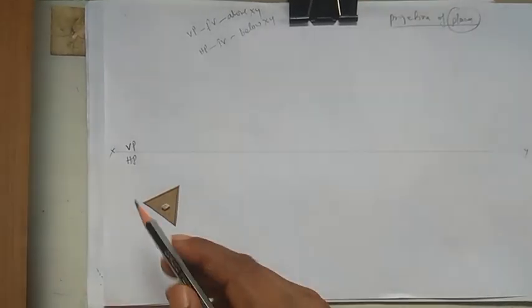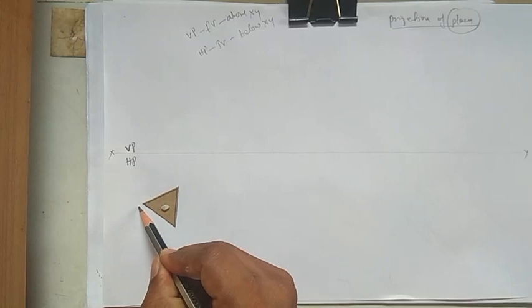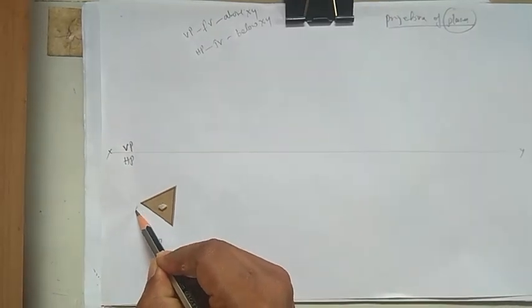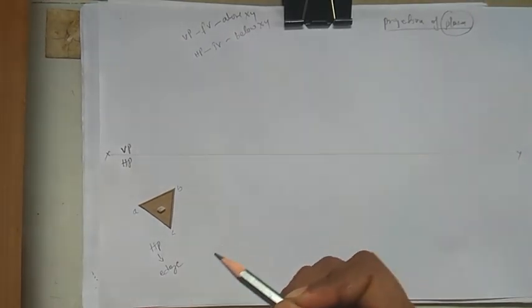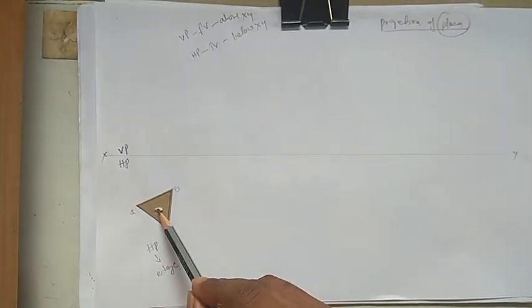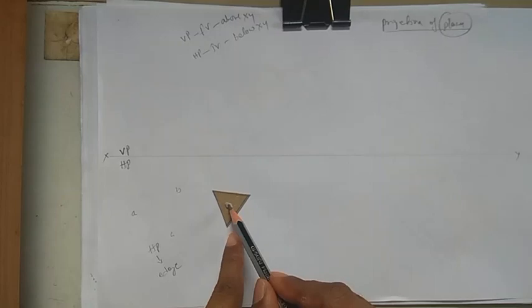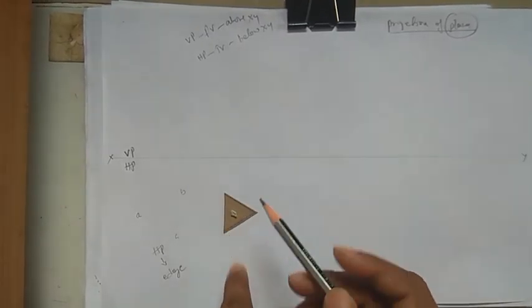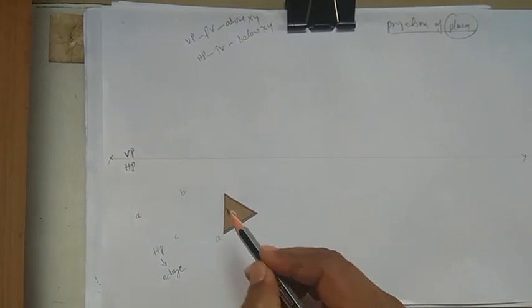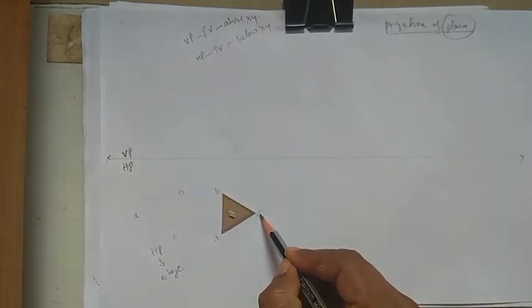Normally we start the naming from the left side. We'll say this is A, this is B, and this is C. If it is resting on the edge, we'll take the same thing and keep it here like this. Now we'll start the naming from here: A, B, and C.